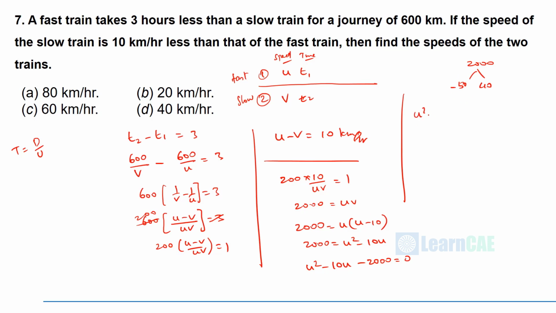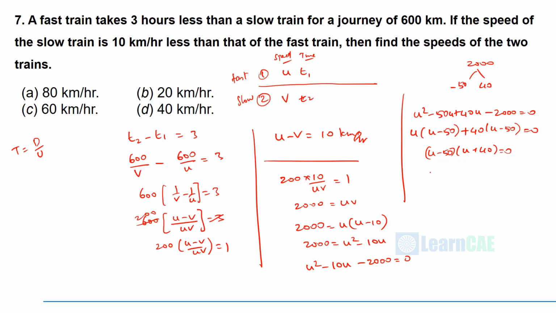So u square minus 50u plus 40u minus 2000 is equal to 0. We shall rearrange this: u into u minus 50 plus 40 into u minus 50 is equal to 0. Therefore, u minus 50 into u plus 40 is equal to 0.